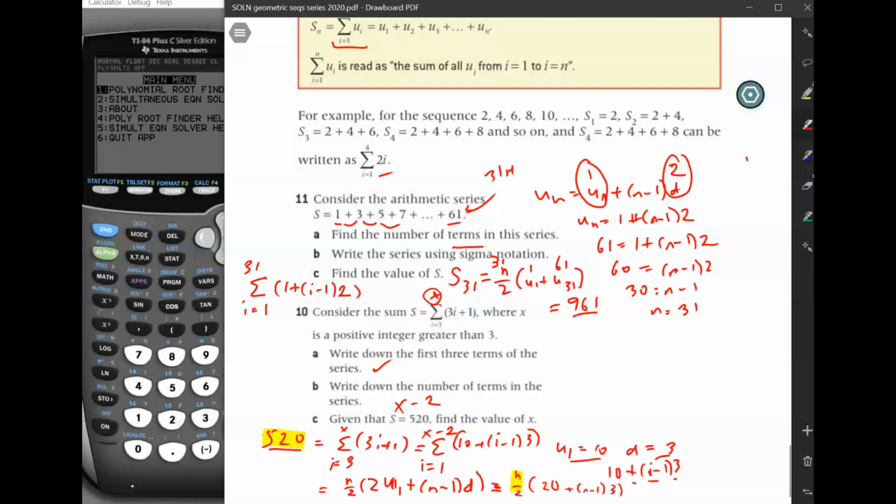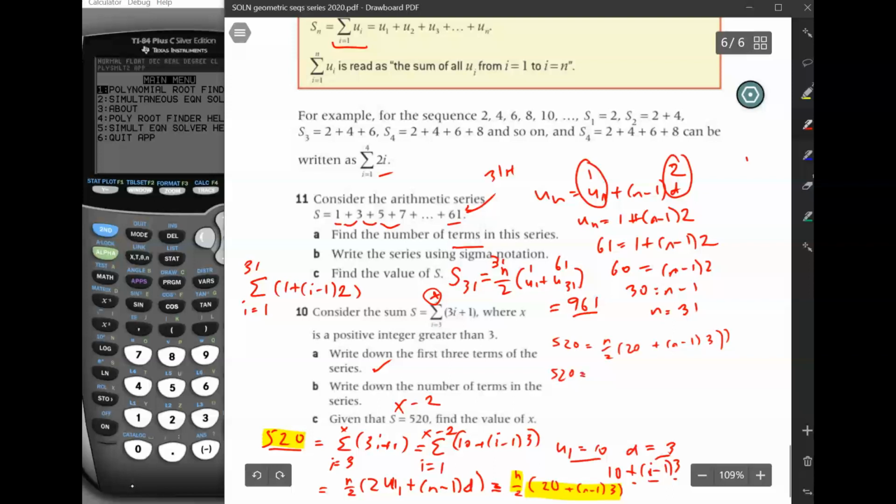Now if I rewrite this part that is highlighted, then I would write 520 equals n over 2 times 20 plus n minus 1 times 3. If I wanted to solve for n, I would just expand everything out, and then eventually I'm going to get a quadratic, as you might see.